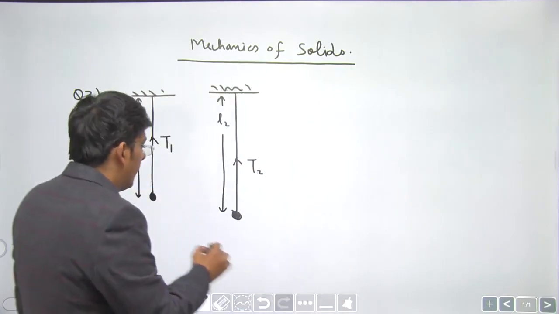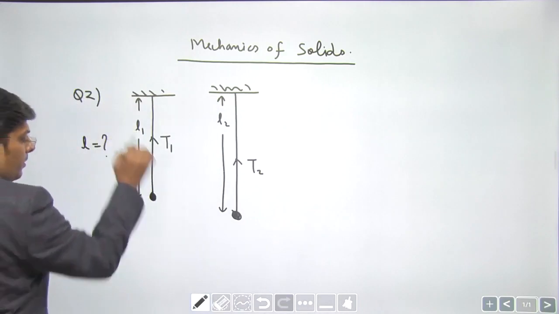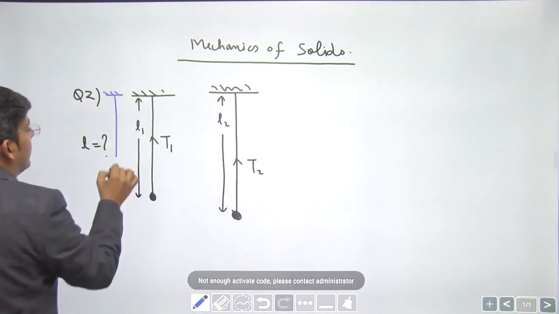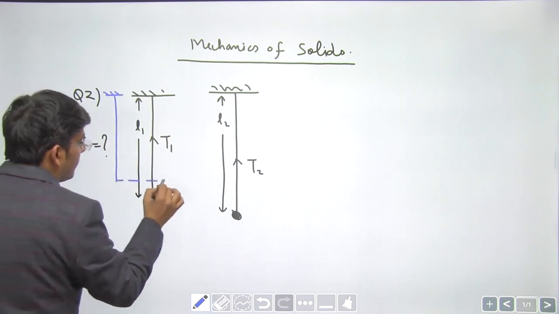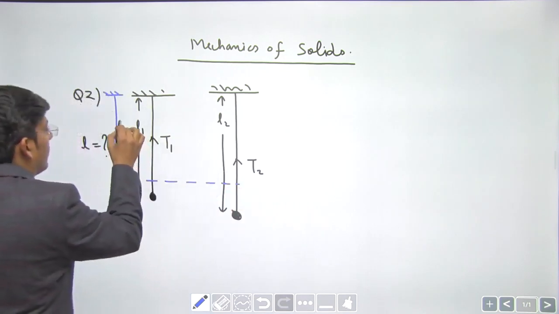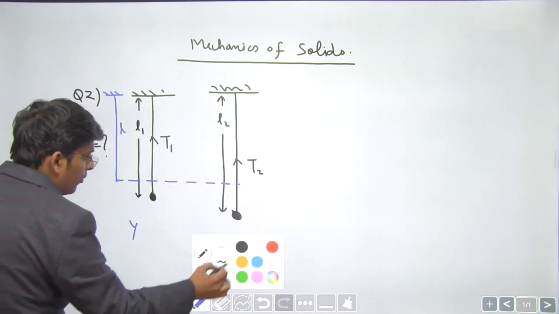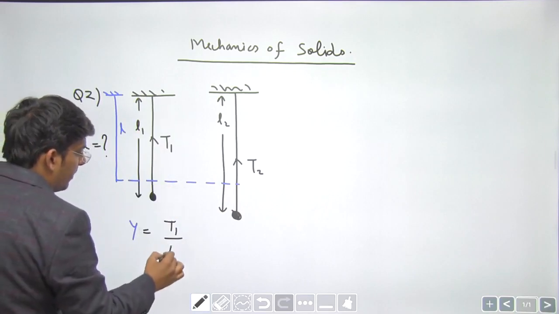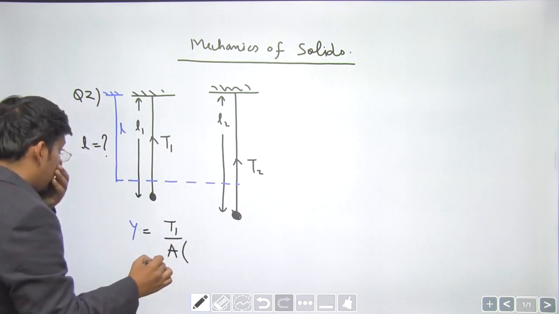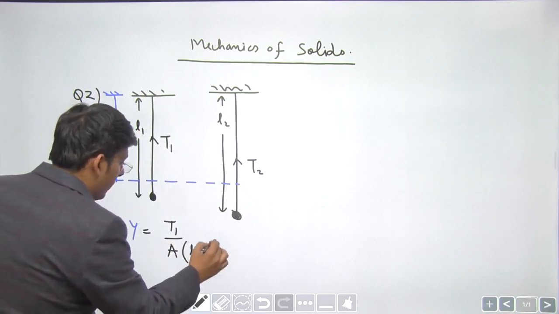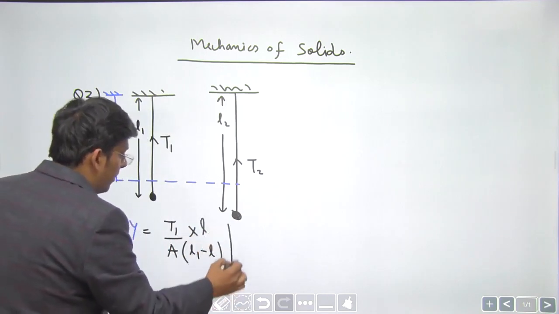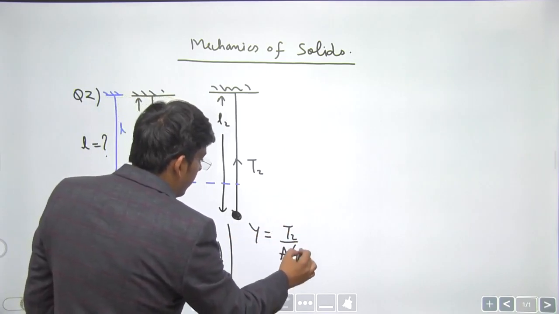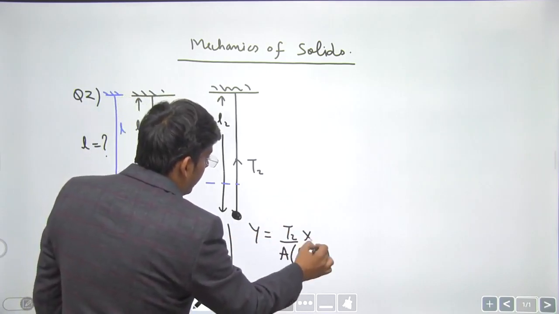Let us consider that this is the original length L. You know that Young's modulus is equal to force by area of cross section of the wire. What is the change in length? Change in length is L1 minus L, and L is the original length. Again, Young's modulus is force upon area. What is the change in length? L2 minus L, and this is the original length.